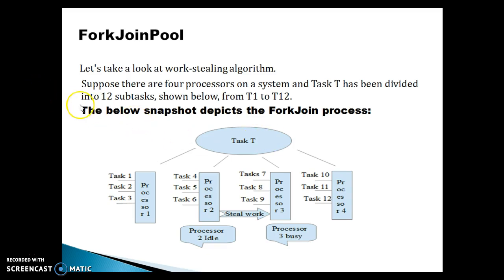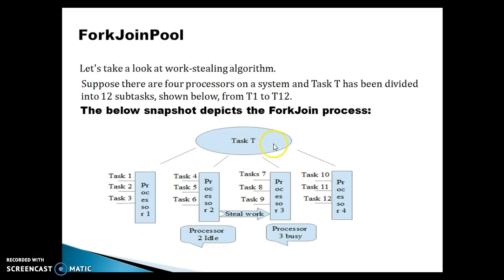Now let's take a look at how the work stealing algorithm works. Suppose there are 4 processors on your system and task T has been divided into 12 subtasks, as you can see in this picture, from T1 to T12.